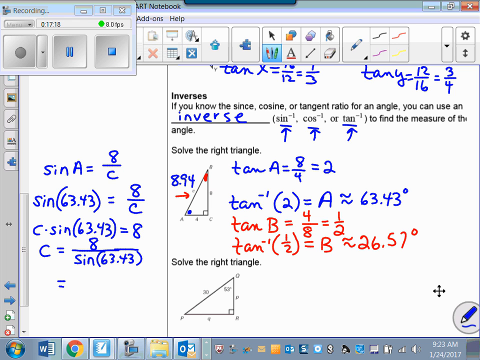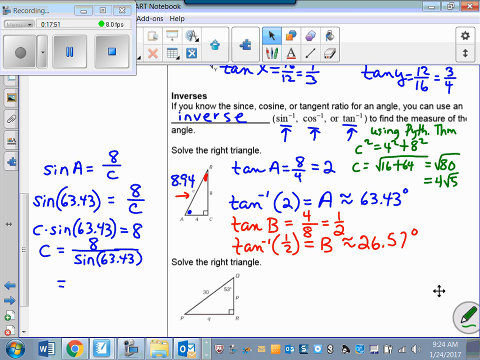Now, let's do that with the Pythagorean theorem and see how close we got. If we use the Pythagorean theorem, I know that C squared equals 4 squared plus 8 squared, right? So C equals the square root of 16 plus 64, which is the square root of 80, which is 16 times 5, so 4 times the square root of 5.